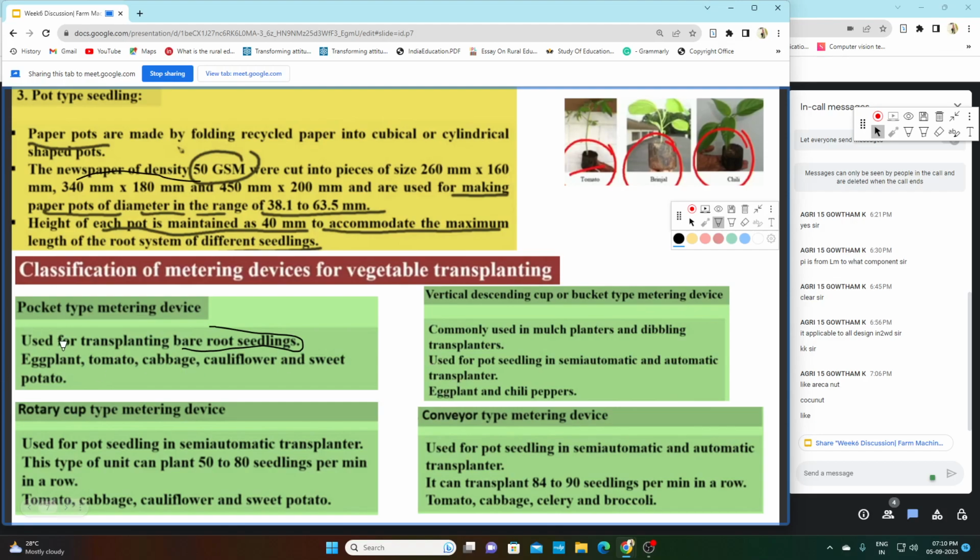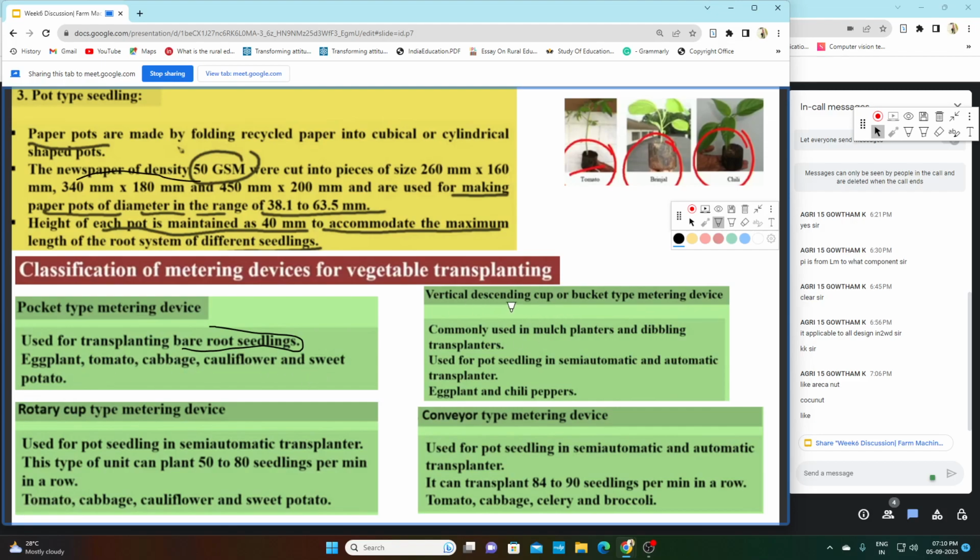The plants metered by the pocket type device are eggplant, which is your brinjal, tomato, cabbage, cauliflower, and sweet potato.